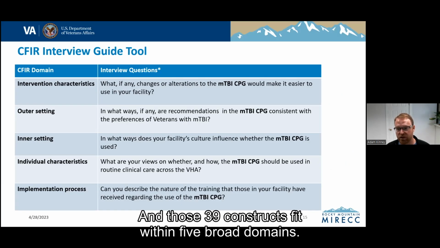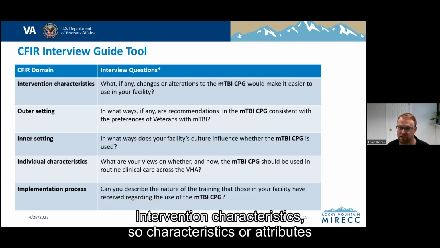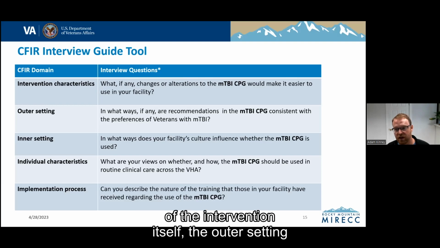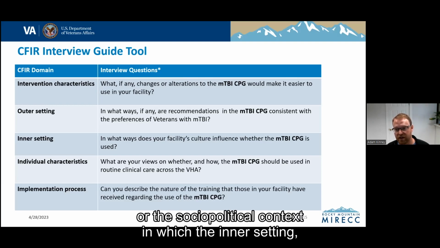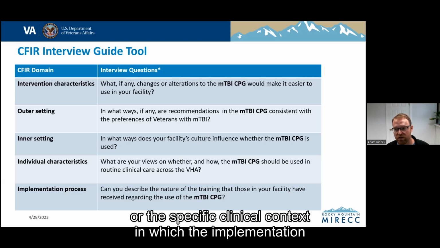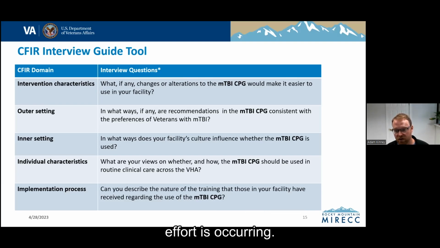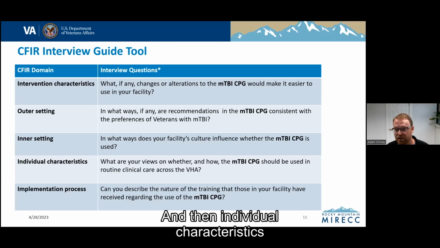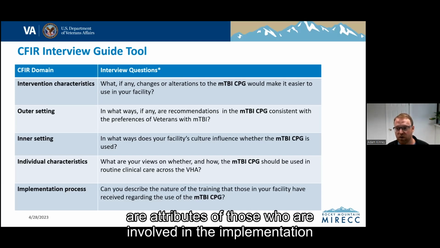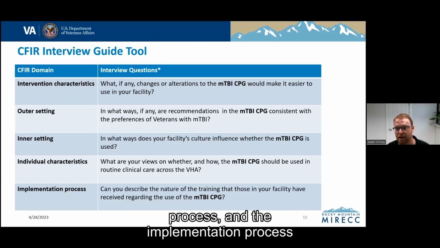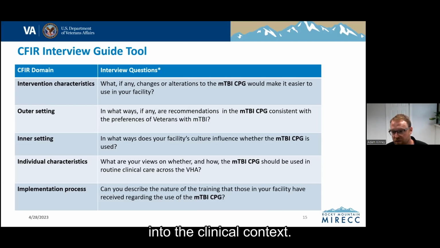And those 39 constructs fit within 5 broad domains: intervention characteristics, so characteristics or attributes of the intervention itself; the outer setting, or the socio-political context in which the inner setting, or the specific clinical context in which the implementation effort is occurring; individual characteristics, which are attributes of those who are involved in the implementation process; and the implementation process, which is the formal efforts by which an intervention or other clinical innovation is introduced into the clinical context.